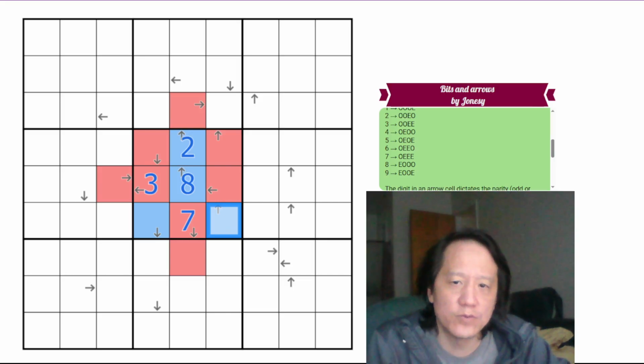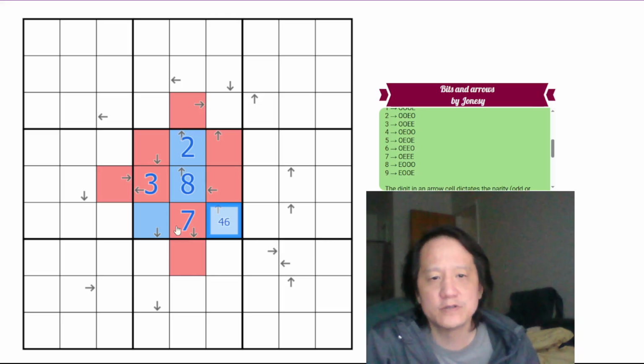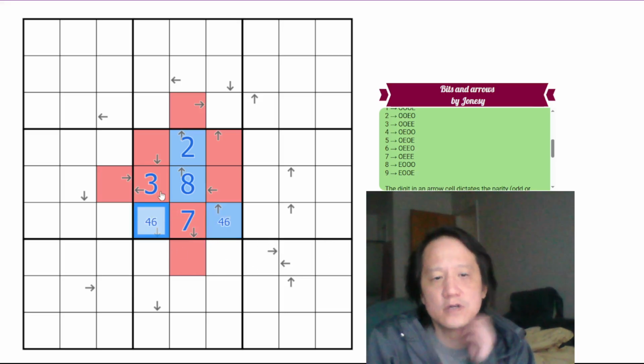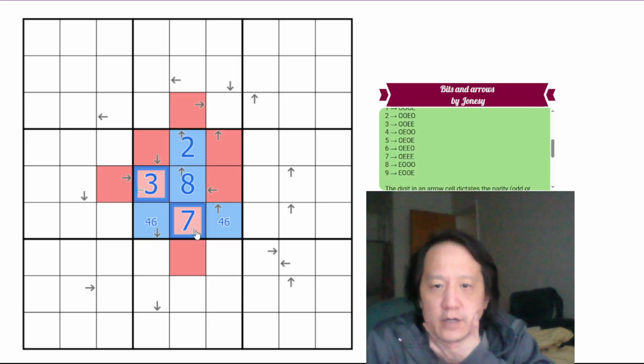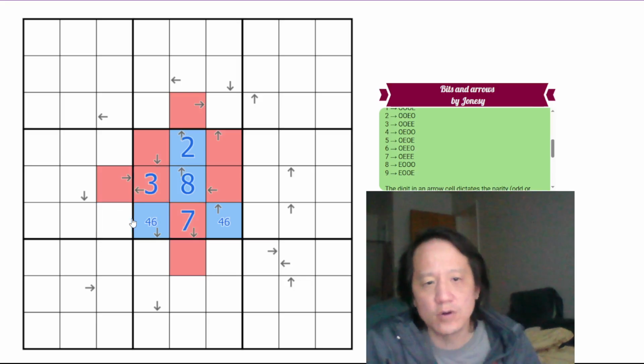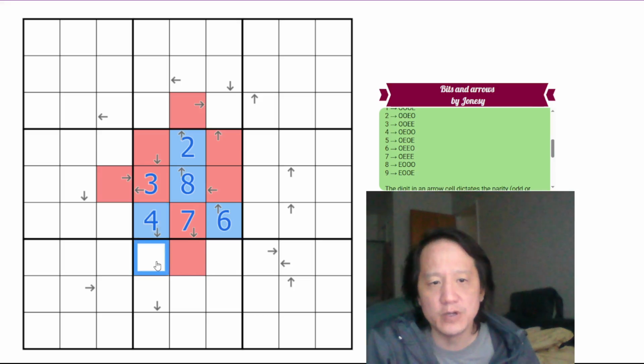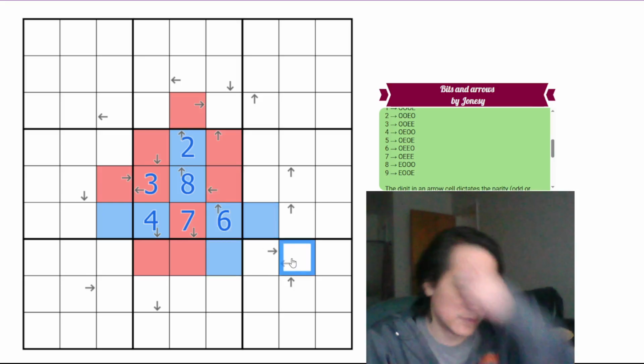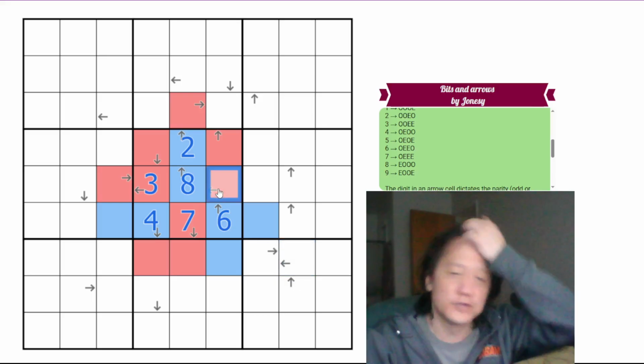Either way ends in odd, so 4 or 6. Oh, but odd and odd would have to be 4. So this is 4. So this looks like it works. So 4 would be odd, even, odd, odd. And 6 would be odd, even, even, odd. So far this works.